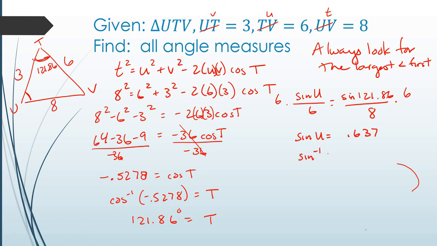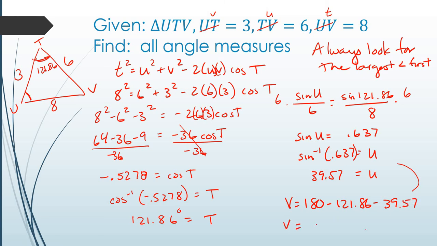So sine inverse of 0.637 will give me angle U. U equals 39.57. And then to find my last angle measure, V, I'm going to take 180 minus 121.86 minus 39.57, and I get angle V equals 18.58.